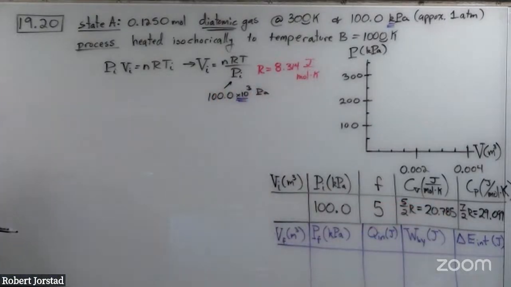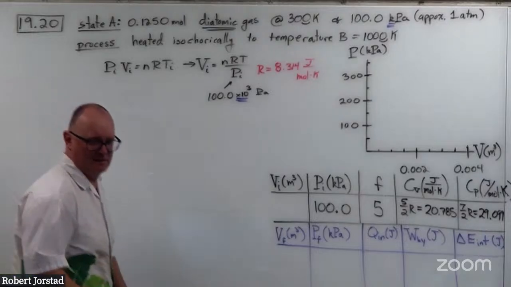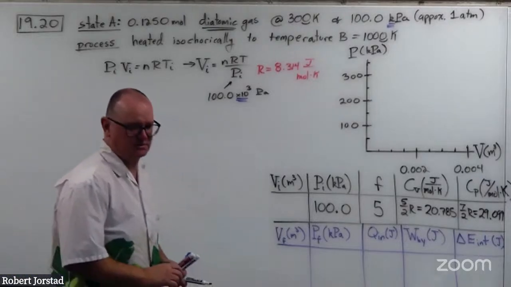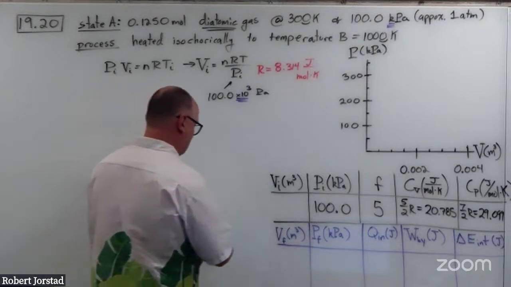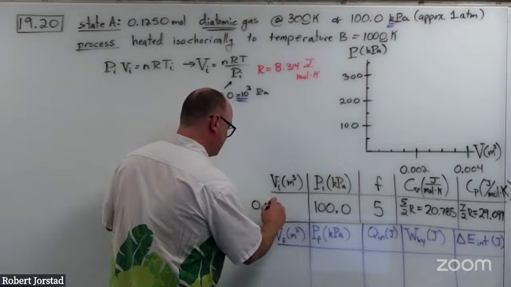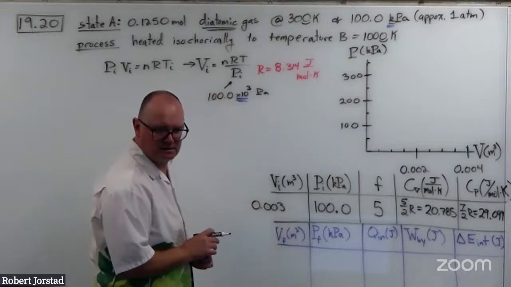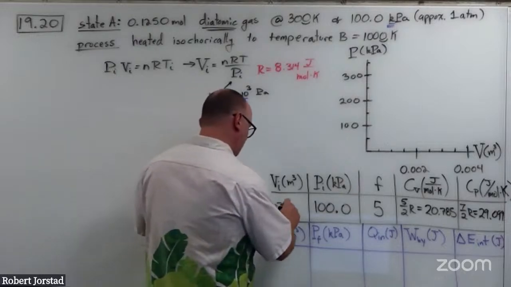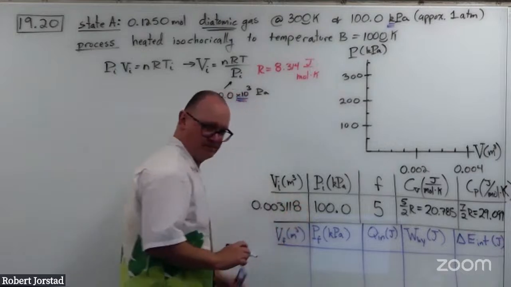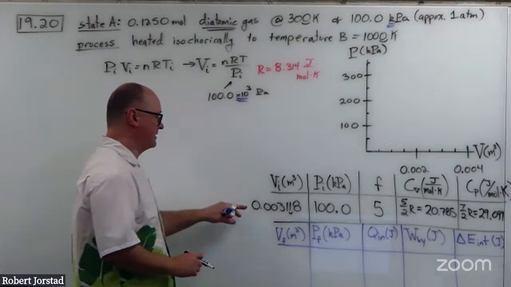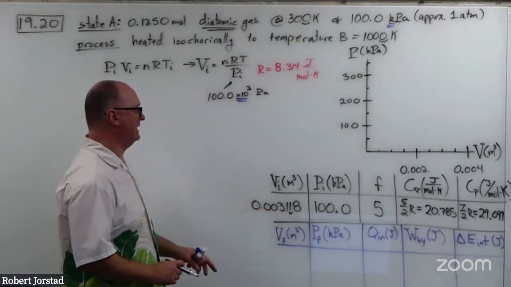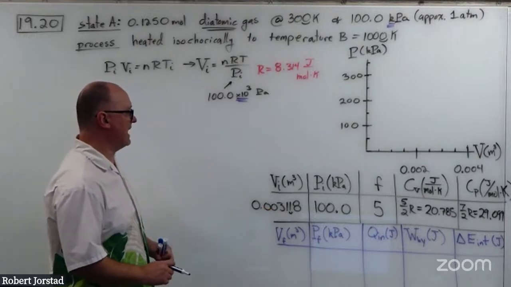All right, so when you punch all that in, just to save myself some time, you can do the math as well. What did I get for that volume? I got 0.003118. All right, and so basically 0.003. Aha! We can now label point A on here.